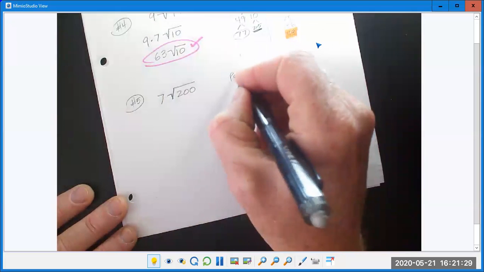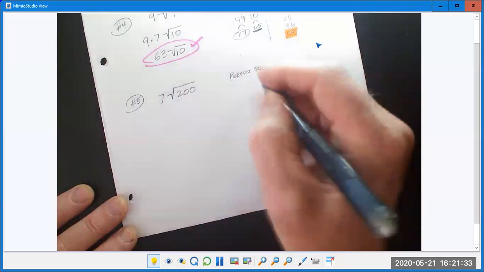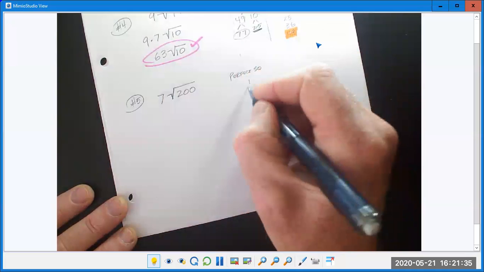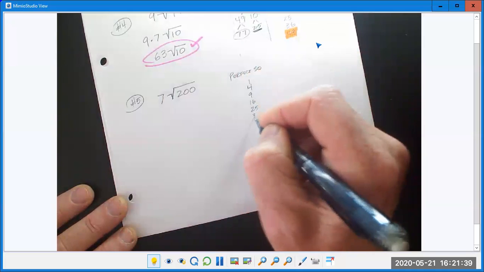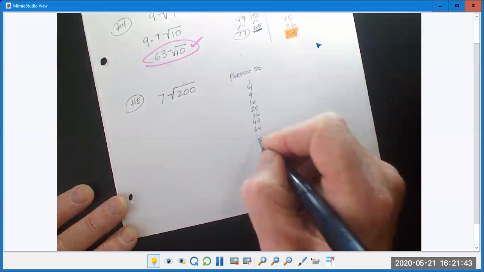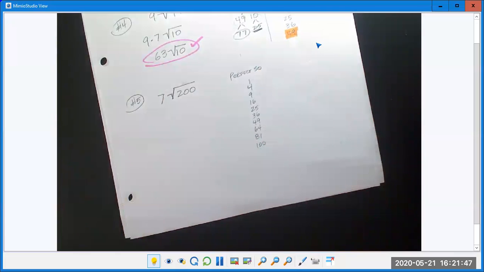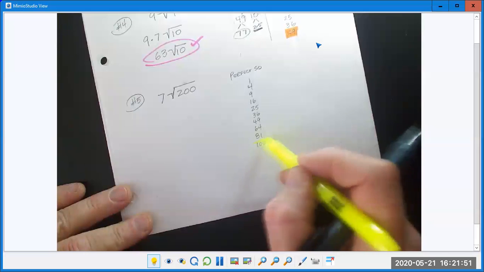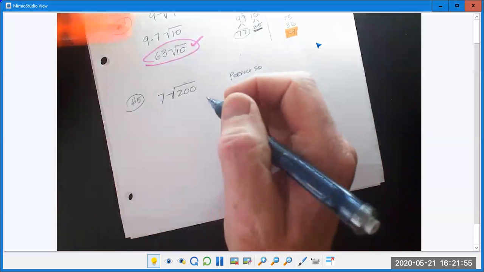Keeping in mind perfect squares: 1, 4, 9, 16, 25, 36, 49, 64, 81, 100. So the bell should go off. Here's a great perfect square for me to use when I break this down.